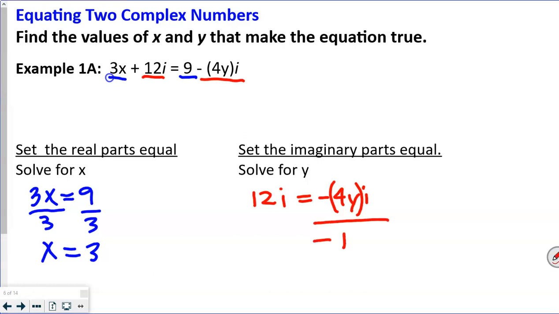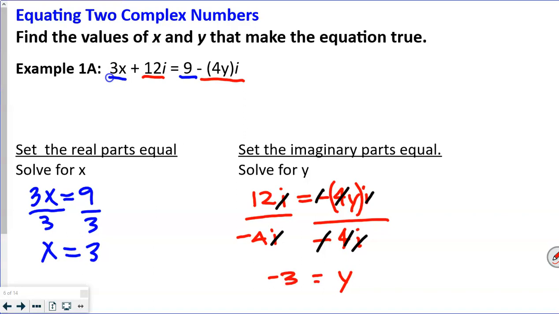We're going to divide by minus 4i, and over here we're going to divide by negative 4i. Notice over here, everything is gone except for that y, because we got rid of it. So we're left with y over there. And notice what also happens with our i's here. They cancel each other out, right? So positive 12 divided by negative 4 is equal to what, y'all? Yes, it's equal to negative 3.